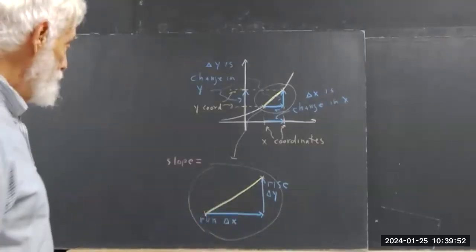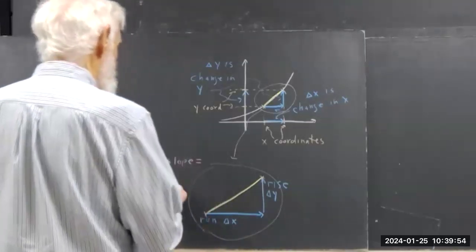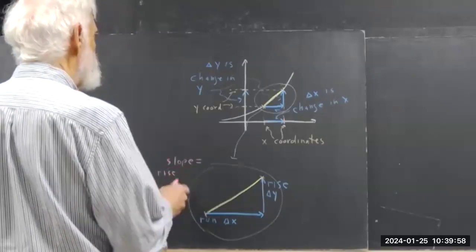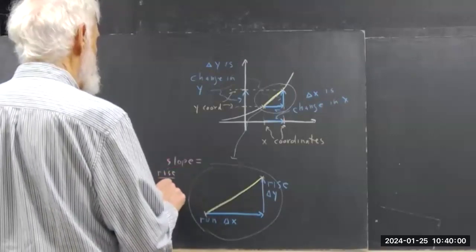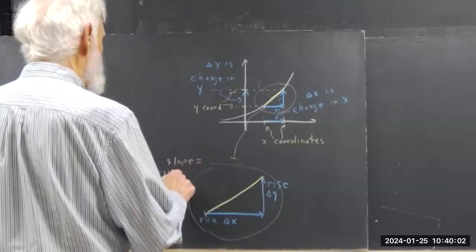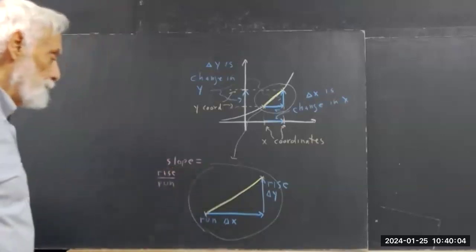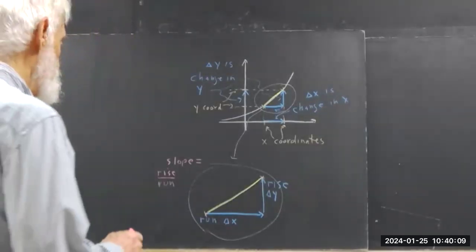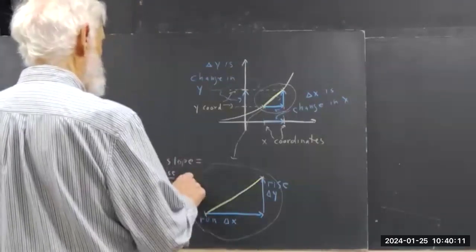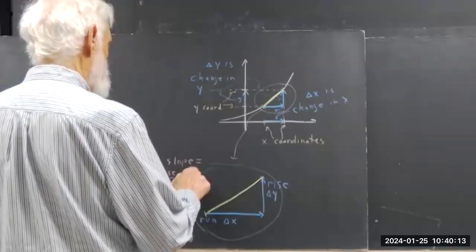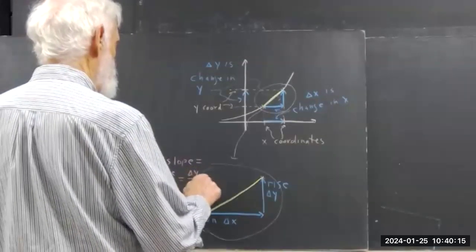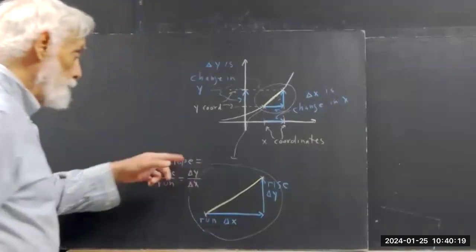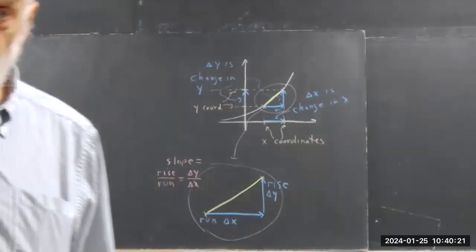A slope is rise divided by run, which is the change in y divided by the change in x.